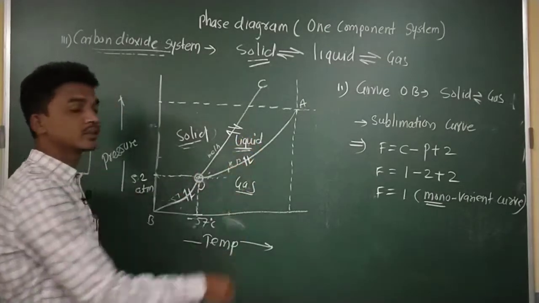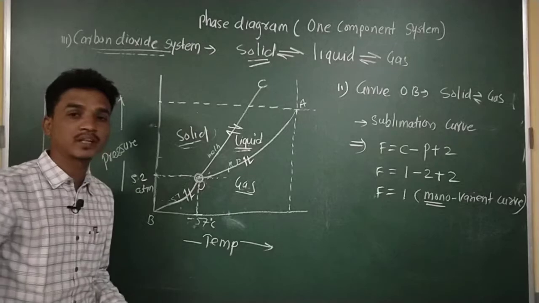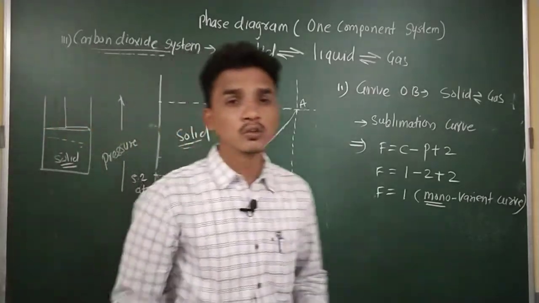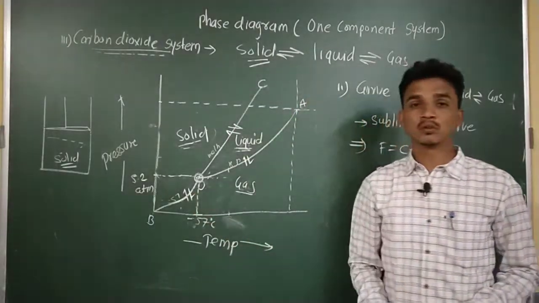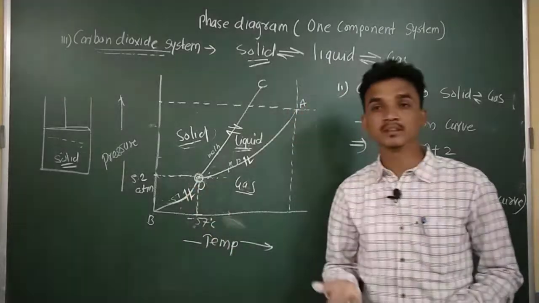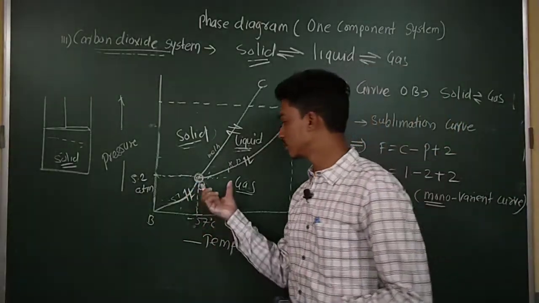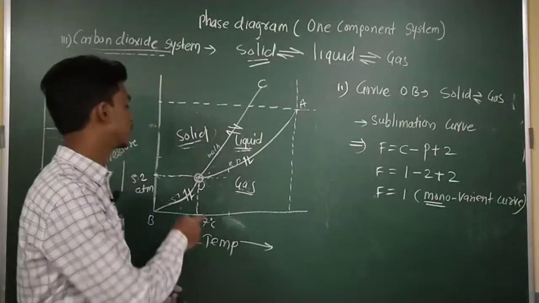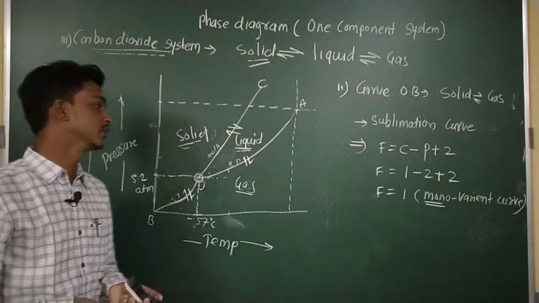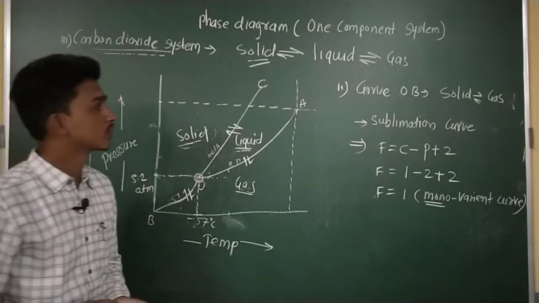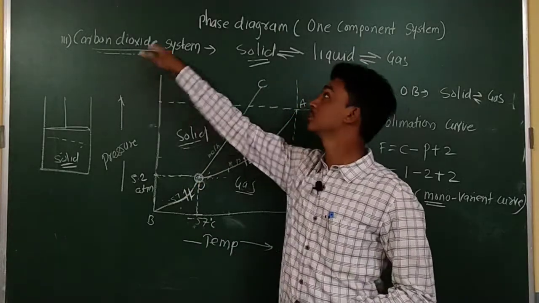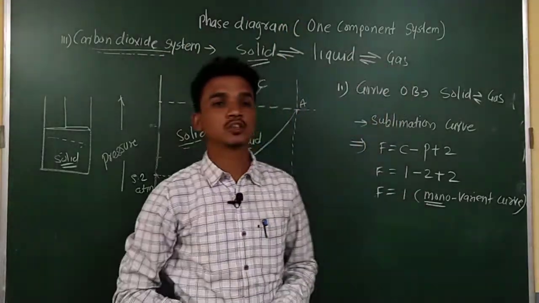If you change both the temperature and pressure, increasing both, only liquid carbon dioxide exists. So this is the non-variant system, the non-variant point. If you change the temperature and pressure, you will get only 2 phases or 1 phase of carbon dioxide. Okay, so this is the phase diagram of the carbon dioxide system, and this is a one-component system.